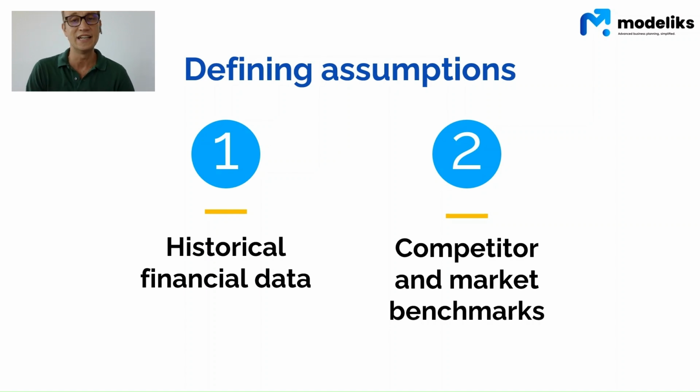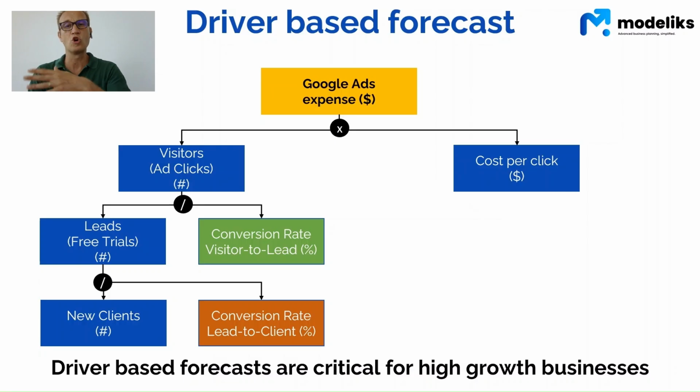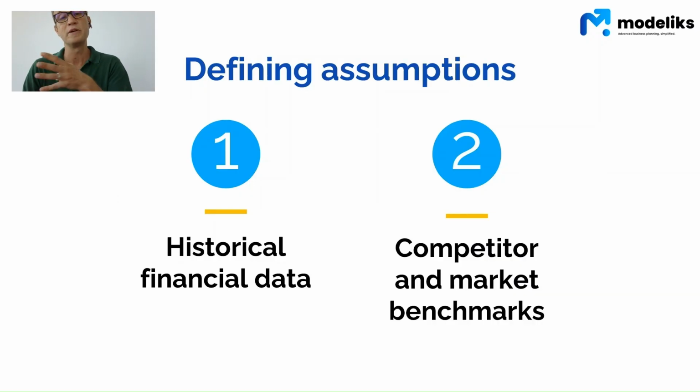How much is the average cost per click for your industry? How much are the average conversion rates from a visitor to a free trial and from a free trial into a customer? Use those competitor and market benchmarks in order to estimate what your marketing expenses would be in this case.